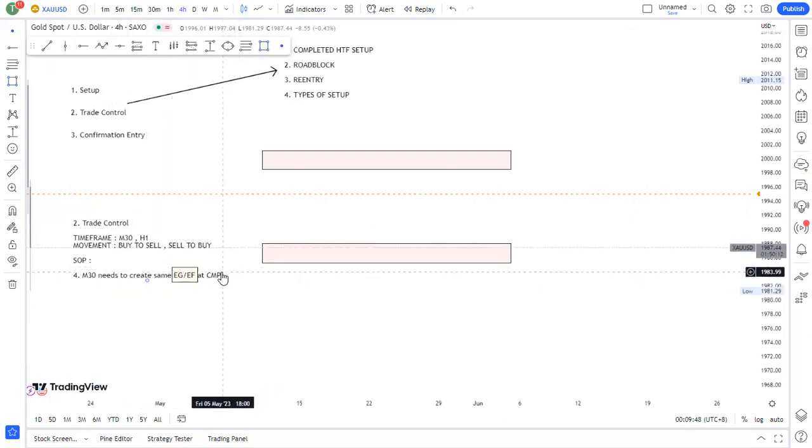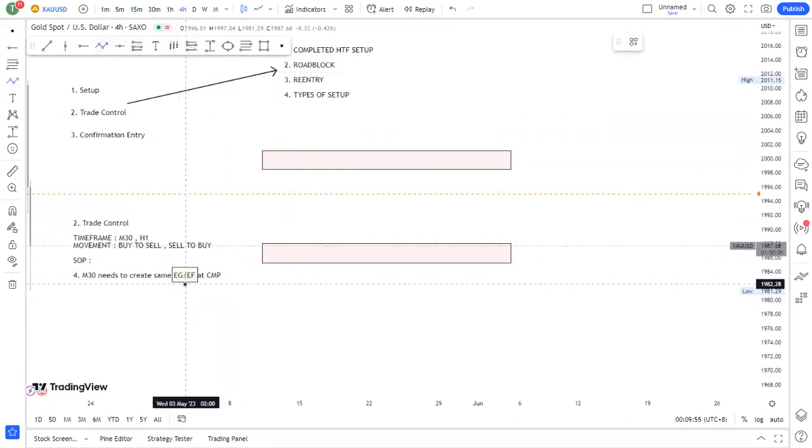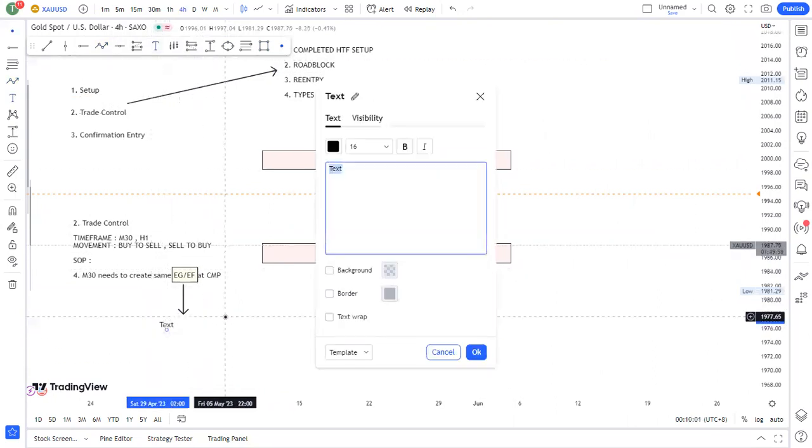So back to what I've said earlier, the chart is speaking to us. So it means when it creates EG, it means something. And when it creates EF, it means something. So when it creates an EG, the price is telling us that it's going to respect the zone.